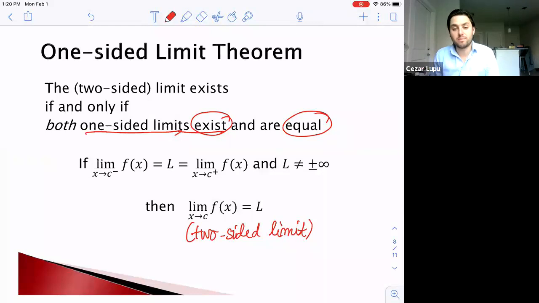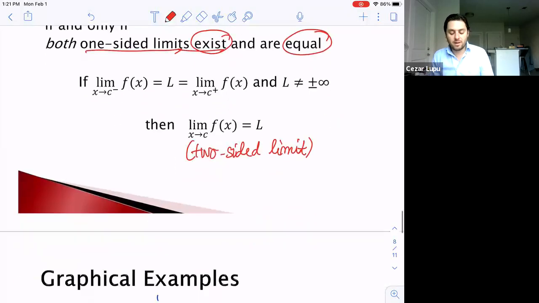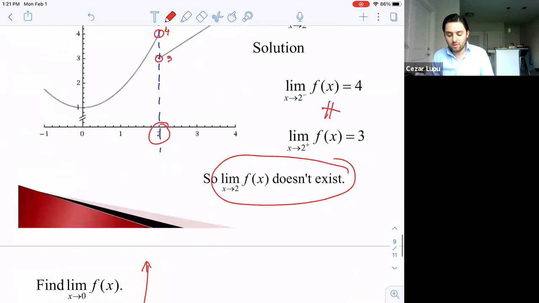No, let's not confuse ourselves. Look at L. L cannot be plus or minus infinity. It has to be a finite value. So yeah, your observation is good. Because L is infinity at one of them, then it's over.